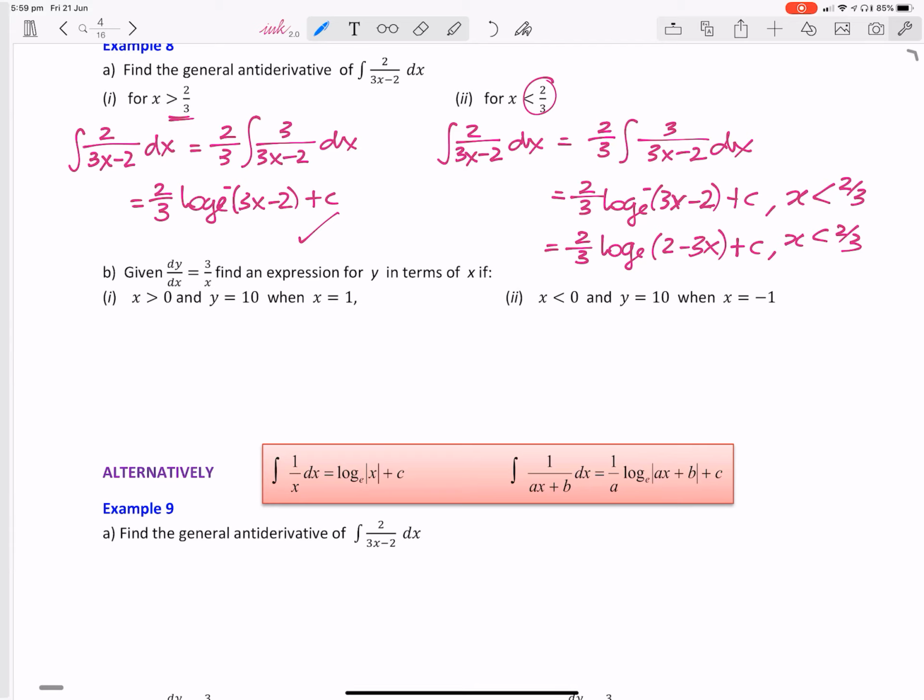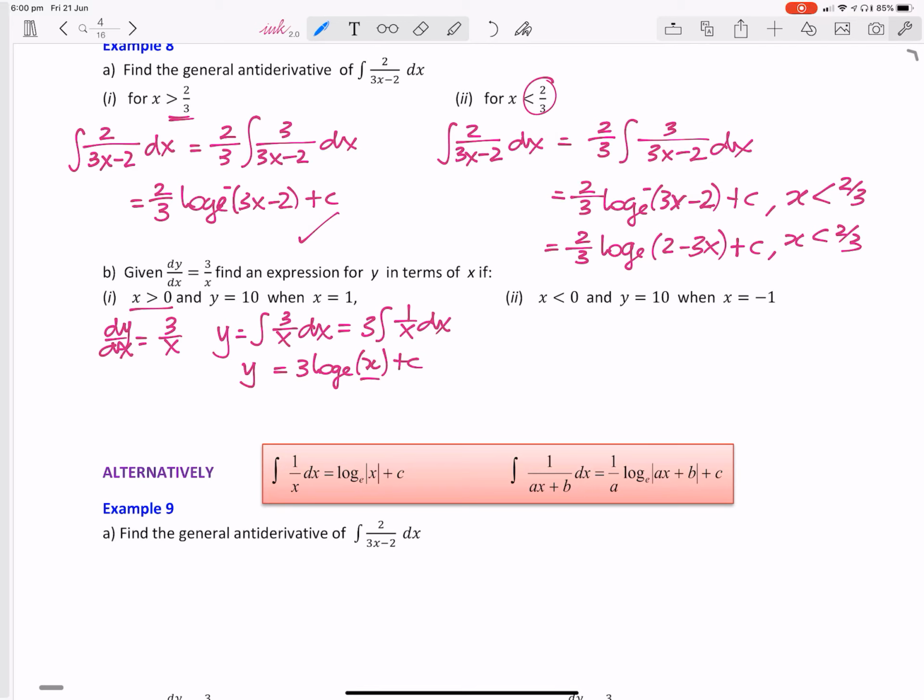Okay, so here I've got dy dx equals 3 on x. So if dy dx is equal to 3 on x, y is equal to the integral of 3 on x dx, which we know is 3, 1 on x dx. The top is the derivative of the bottom, so we get y is equal to 3 log e x plus c.